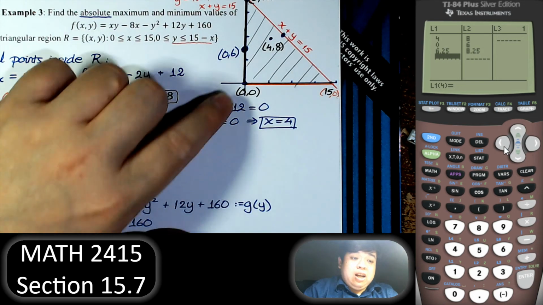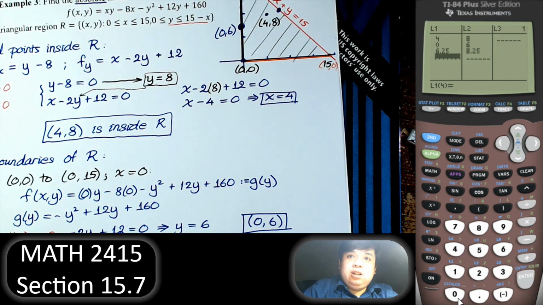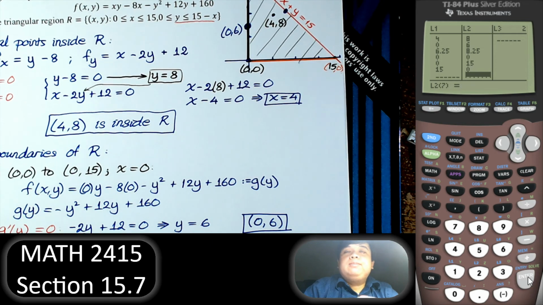Don't forget, we still have all the boundaries, the corners. 15, 0. So 15 and 15, 0. So we have 3 vertices and 3 other points.